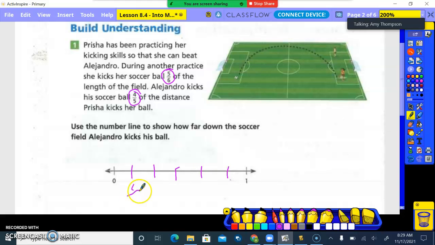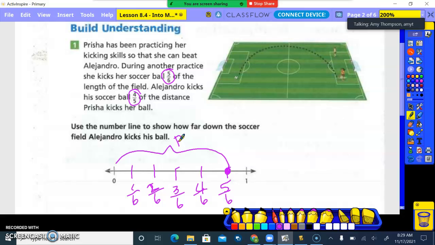So 1/6, 2/6, 3/6, 4/6, 5/6. Okay. And then it said that Prisha went to 5/6, right? Okay, so that's Prisha.